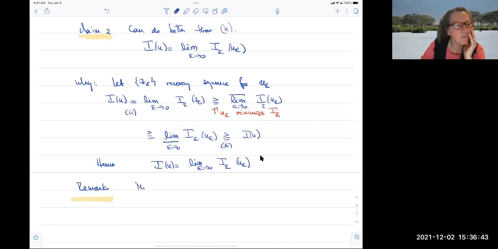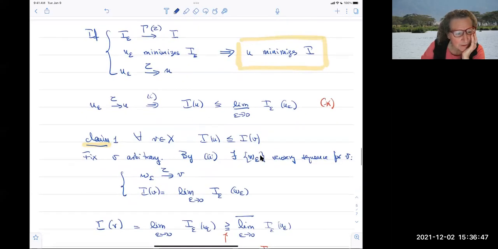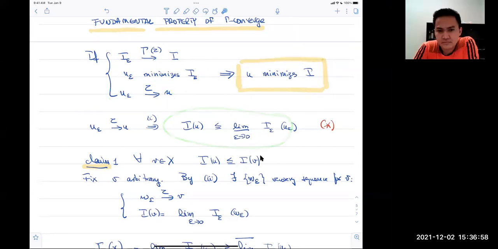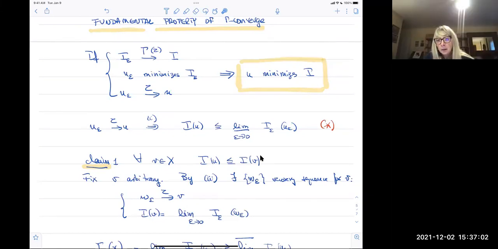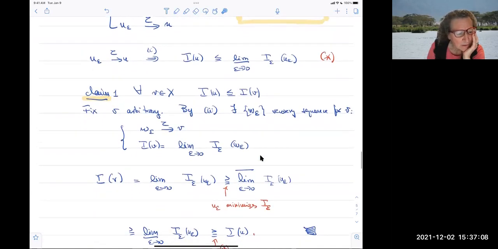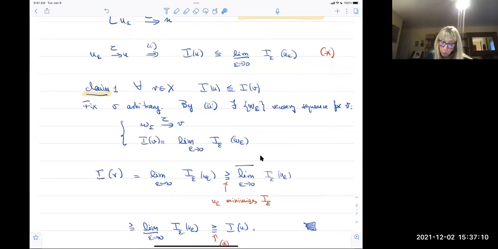I'm just saying, when you say you're trying to do better, you have a recovery sequence. Well, I tend to do better because a priori, with this information that I had here, that U epsilon converges to U, a priori I can only say that I have this inequality, right? That was property I. But I was confused about the notation a little bit below, where you choose the recovery sequence.